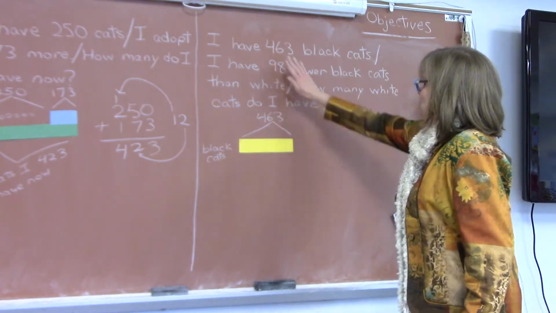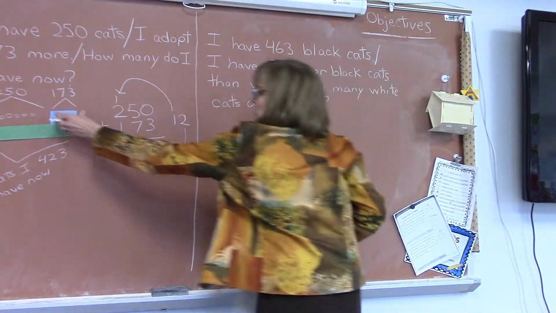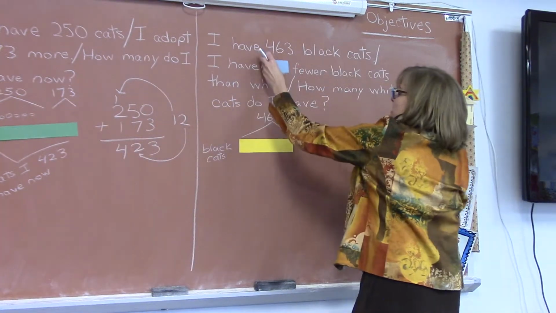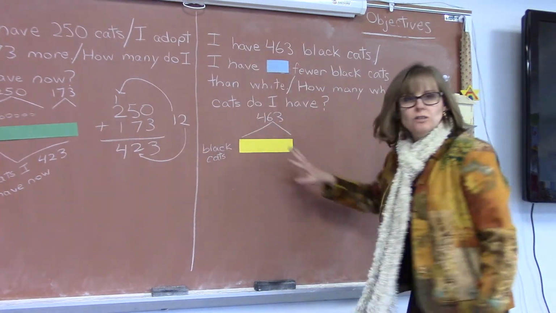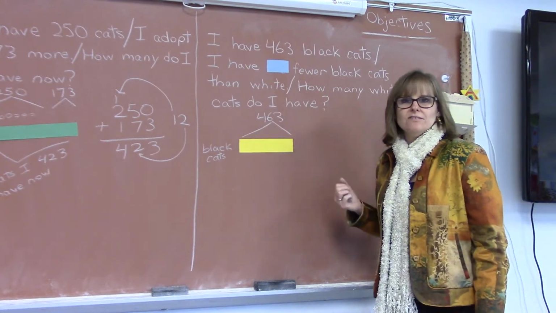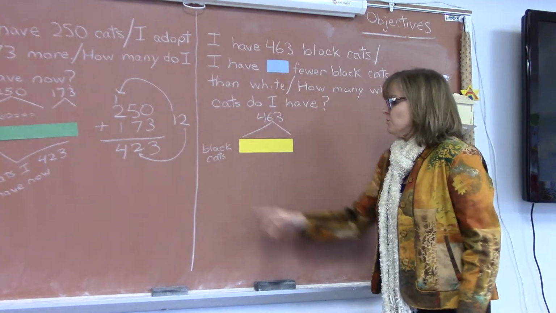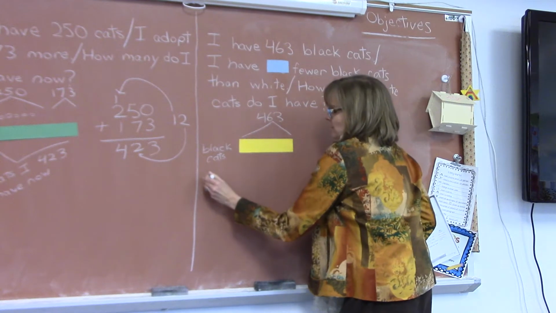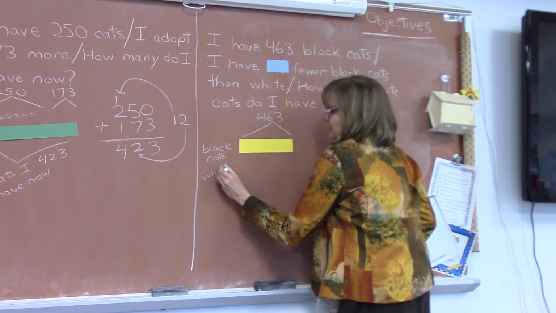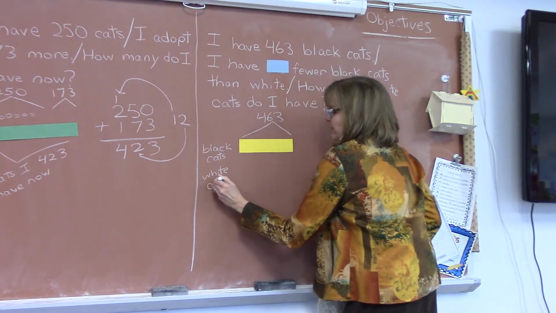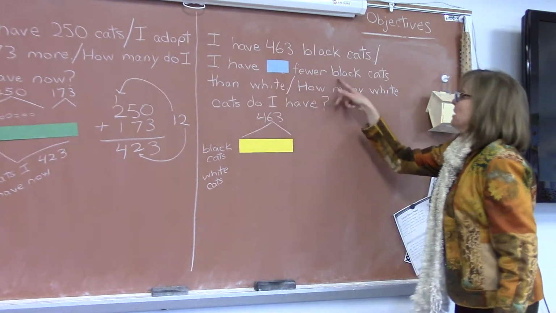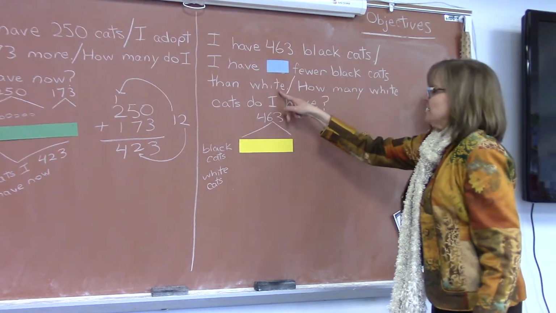What I'm going to do is cover up this piece right here that says 98. I'm going to ignore it for a second, and I'm going to see if I can figure out whether I have more white cats or whether I have less white cats. So let's read. I have fewer black cats than white.